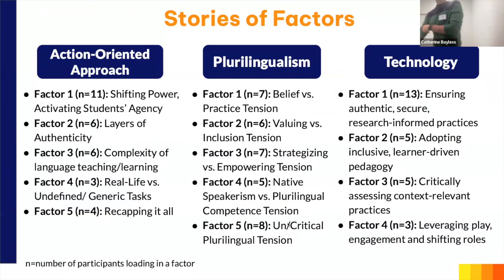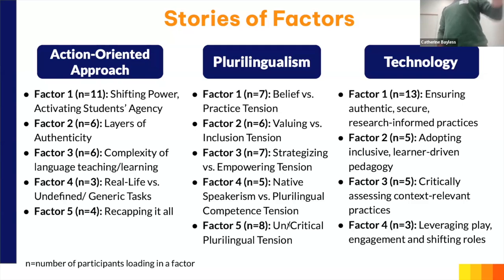Here we have a summary of the work we conducted. We had the three dimensions, the factors, the labels, and also the significant participants for that factor. For instance, for action-oriented approach, we have things such as shifting power, activating a student's agency, real life versus generic tasks.